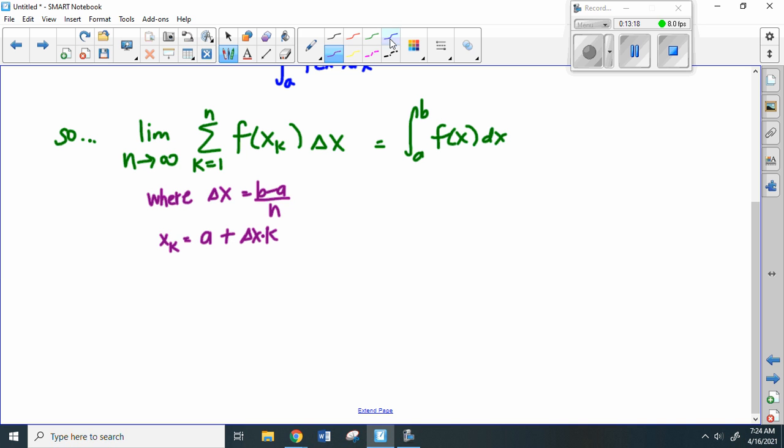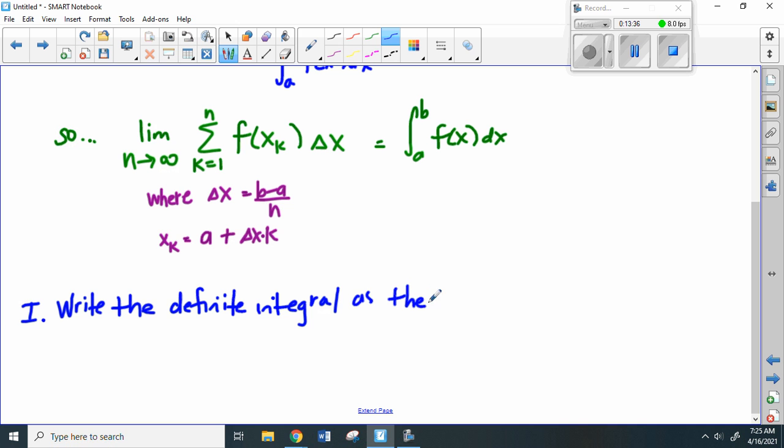Okay, so what are we going to do first? Well, the first thing I want us to do is start with the definite integral and write it as the limit of a Riemann sum.